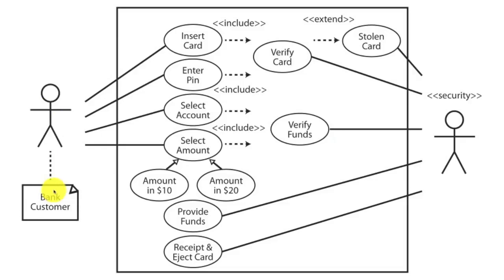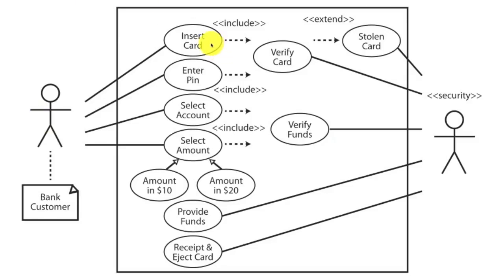We could just put bank customer inside of a guillemot, and then list out all of those different tagged values that we would like to associate with this element. And this isn't ironclad stuff here. You can bend it and make it look the way that you want it to look, but this in general is what a use case diagram looks like.